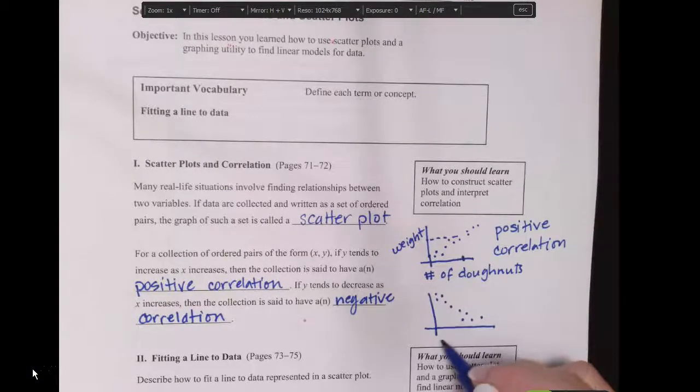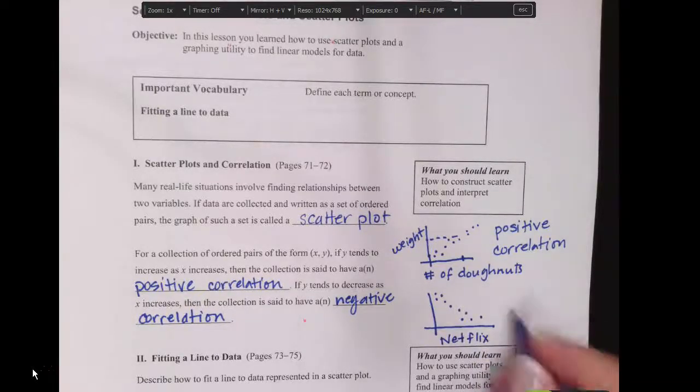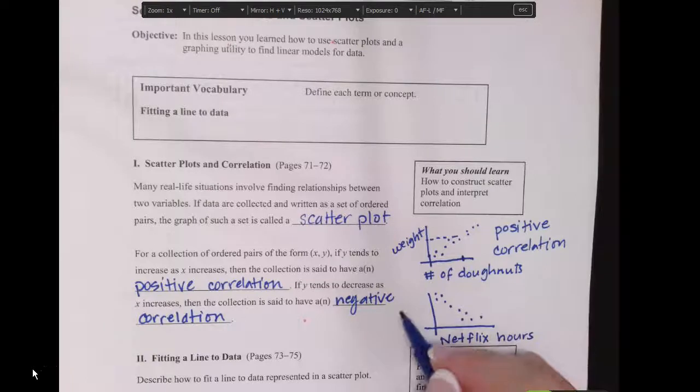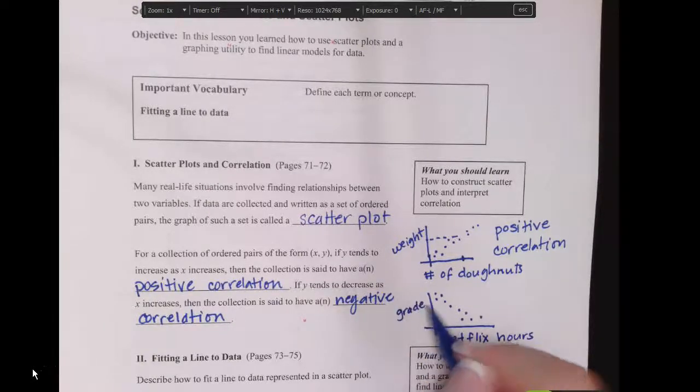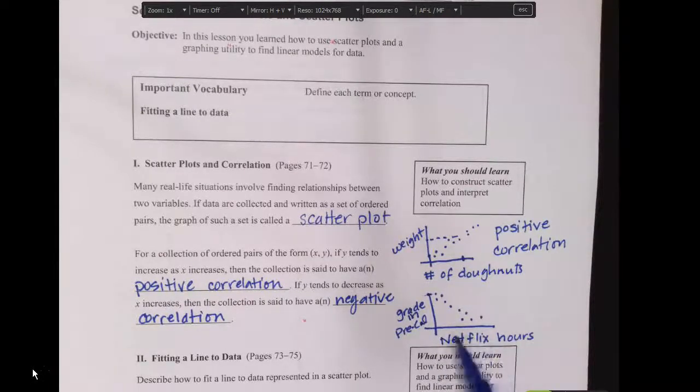Alright, so we're going to look at a correlation between the hours that you watch Netflix and your grade in pre-calculus. So if you watch very little Netflix, your grade is going to be up here as one of the highest grades.